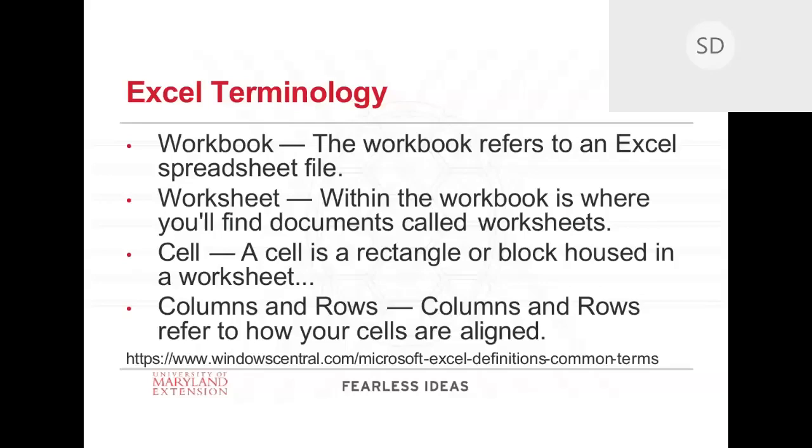I have not seen any time when Excel says you can't add any more spreadsheets or any more columns, because once you get to Z, then you'll go to AA and AB and AC. So it will keep building on. I don't know how infinite it is, but I've not seen it stop yet.